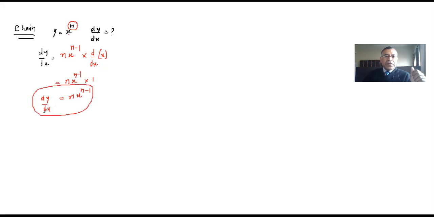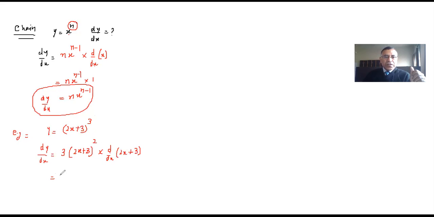For example, y is equal to (2x plus 3) whole raised to power cube. I want to find the derivative with respect to x. The power will come at front. First, I will differentiate this power. So it will be 3 times (2x plus 3) whole square. Now, the differentiation of the base: derivative of 2x plus 3.